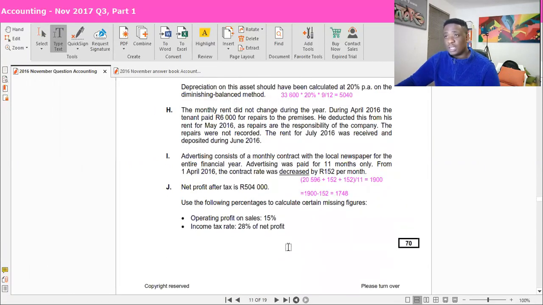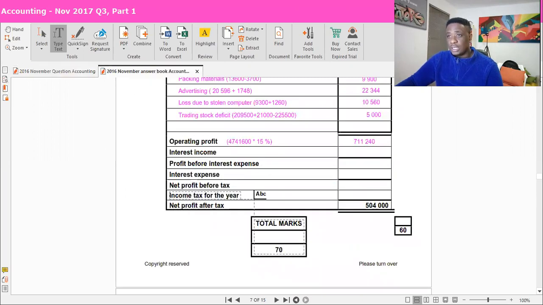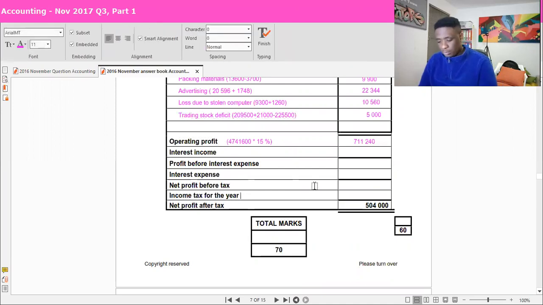Obviously, you've been given information here that says that the net profit after tax is 504,000. And then they said the income tax rate is 28% of net profit. Okay, cool. So to calculate the income tax for the year, you would take the net profit of 504,000 and multiply it by 28.